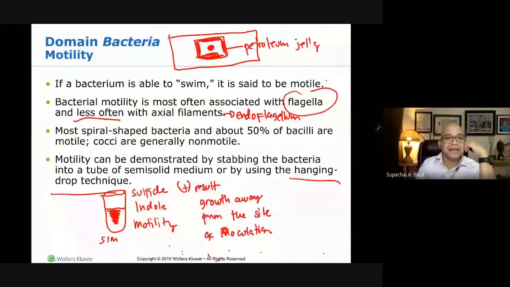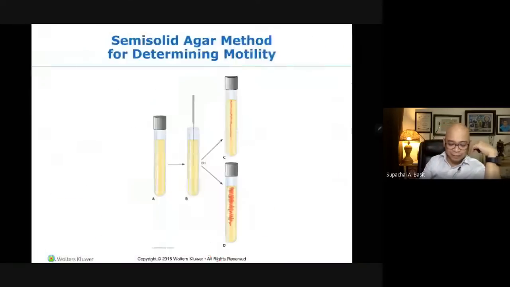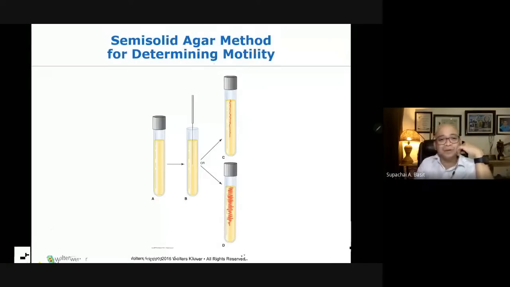That is the hanging drop technique, so that we'll be able to know if the organisms are motile or not.